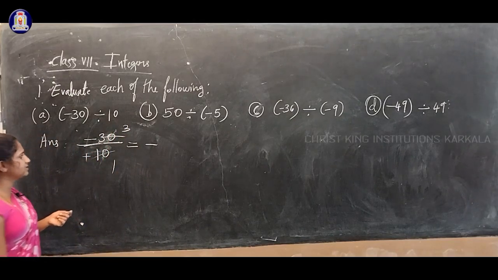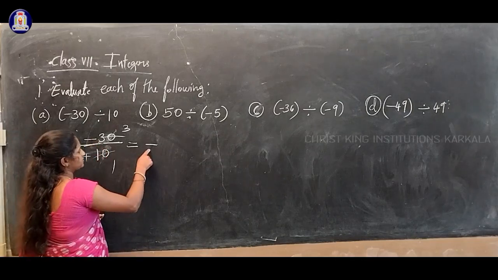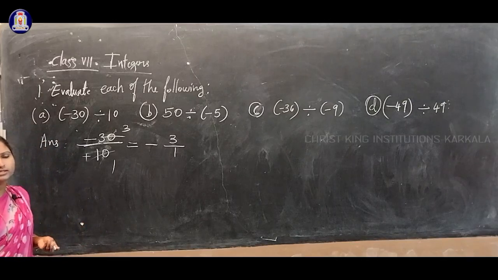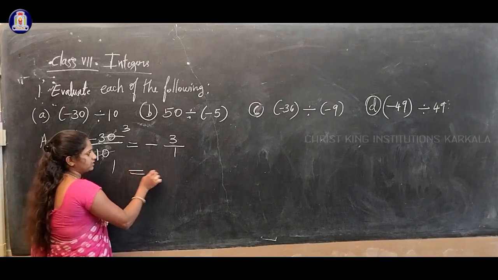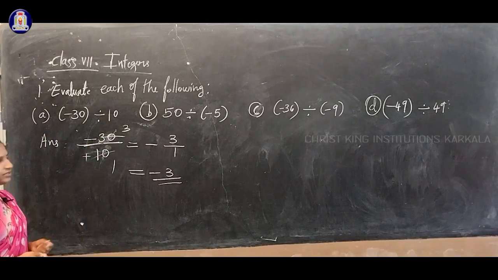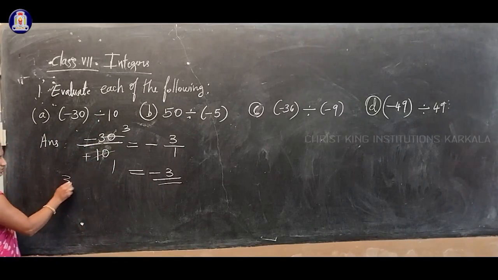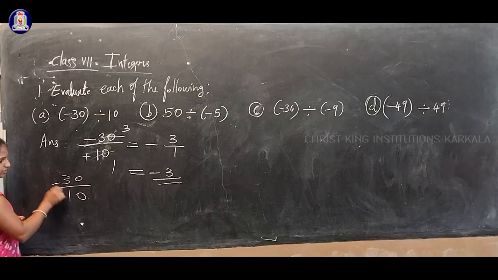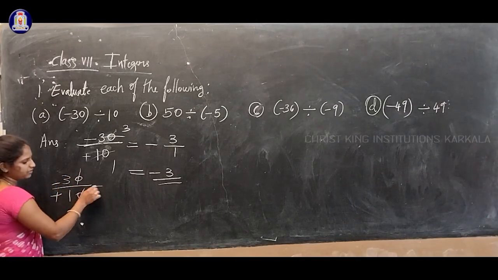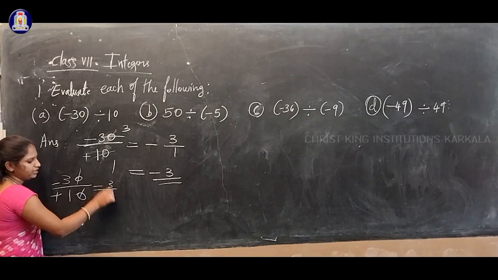The answer is plus minus minus, and what is remaining? 3 by 1. What is 3 by 1? It is 3. Clear? I said the 0s get cancelled, so 0 and 0 get cancelled, then what is remaining? 3 by 1.